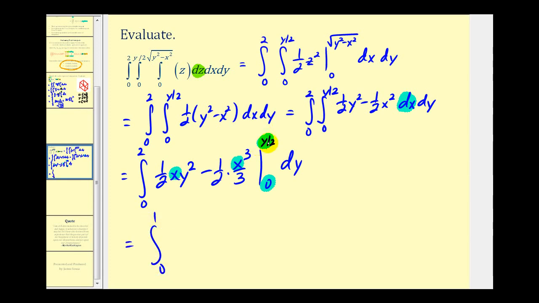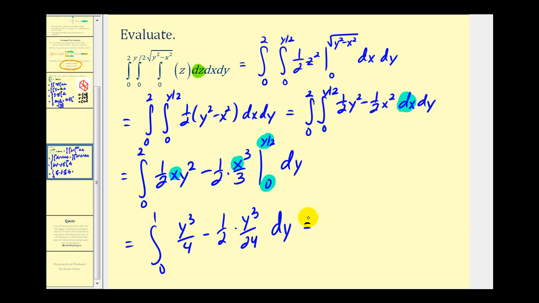So when x is y over 2, here we're going to have y to the third over 4. Minus, we're going to have 1/2 times y over 2 cubed. That's going to be y cubed over 8. So we're going to have minus 1/2, and this would be y cubed over 8 divided by 3, which is y cubed over 24.